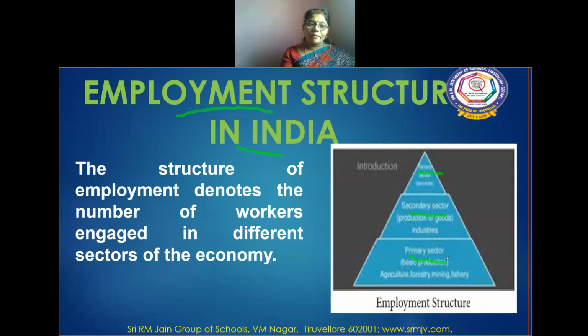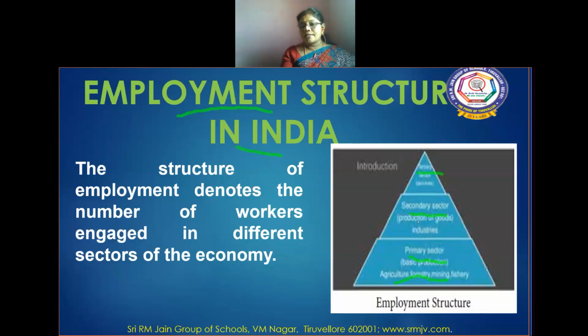So the economy is classified into three sectors. If we take primary sector, we can take agriculture and mining as examples, because this sector produces raw materials for other sectors.